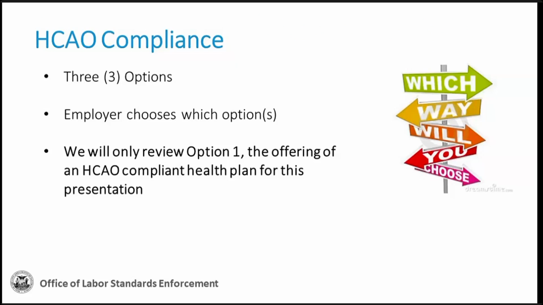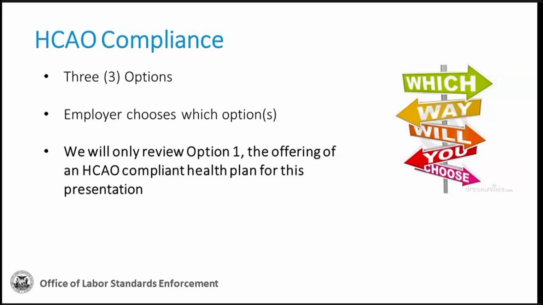Compliance options. There are 3 options to comply with the Healthcare Accountability Ordinance. The great news is that the employer chooses which option or options they would like to employ to comply with these requirements.